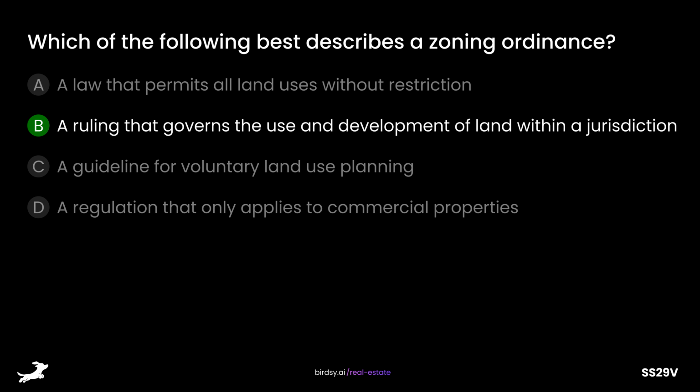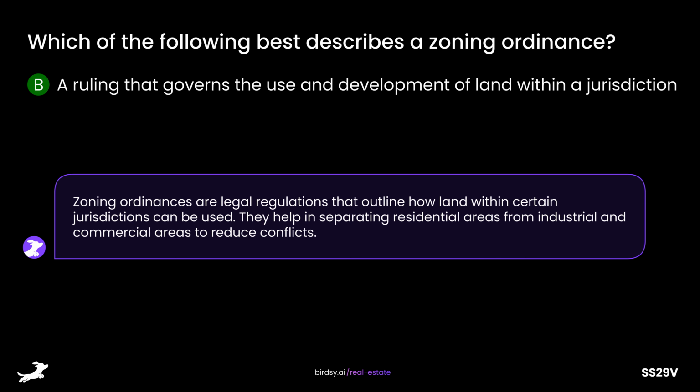The answer is B, a ruling that governs the use and development of land within a jurisdiction. Zoning ordinances are legal regulations that outline how land within certain jurisdictions can be used. They help in separating residential areas from industrial and commercial areas to reduce conflicts.